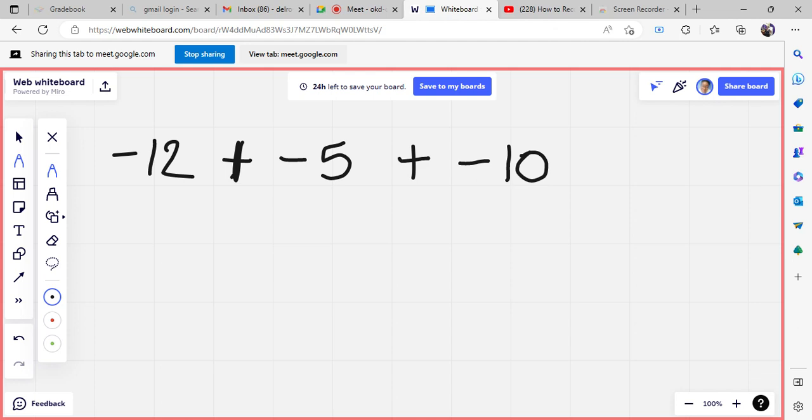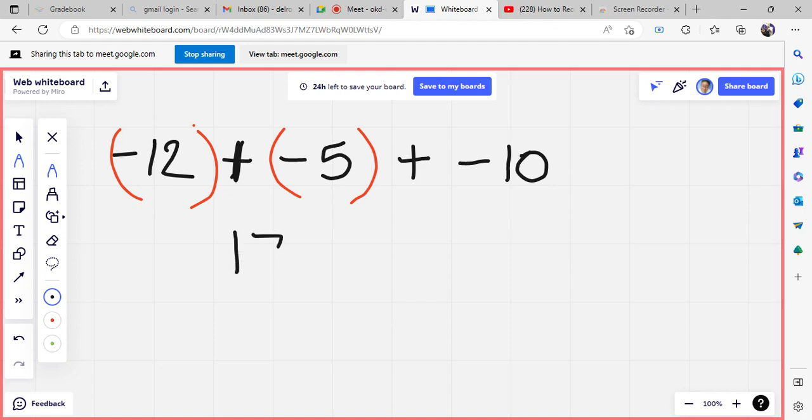So remember the rule that we had working with before. A negative plus another negative. Let me just get the red instead. So we have a negative here and we are adding another negative here. So when we put these two negatives together, we have 17. So we actually owe 17.